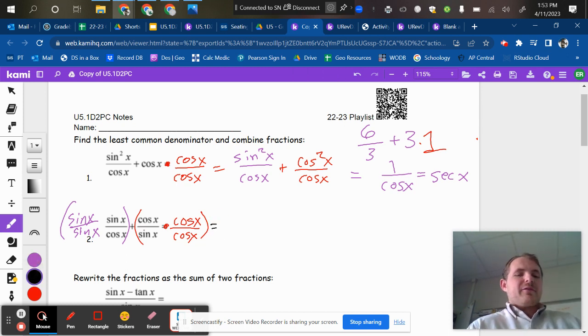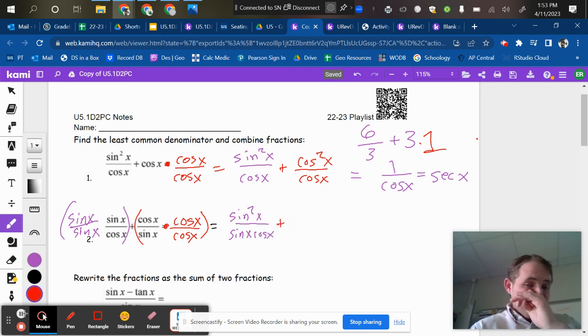That first purple fraction, we've got sine squared over sine x cosine x. The red fraction, we have cosine squared over sine x cosine x. Are we ready to add these? Yes or no? Yes, we can.